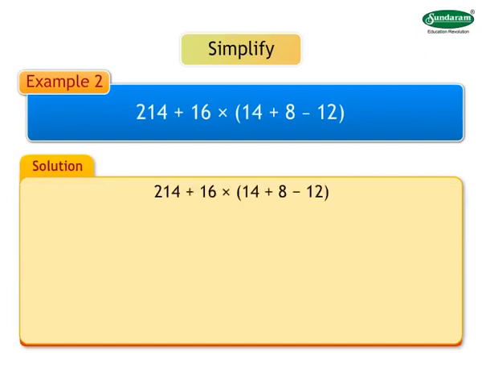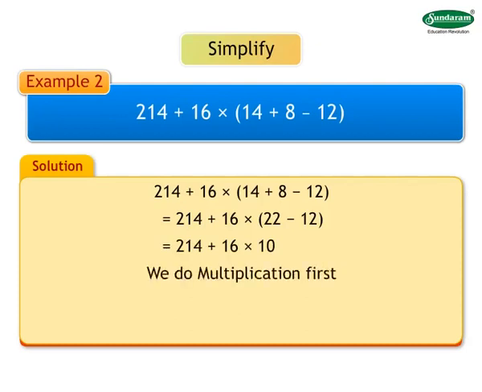We get 214 plus 16 into bracket 22 minus 12 bracket closed, which equals 214 plus 16 into 10. We do multiplication first, equals 214 plus 160 equals 374.